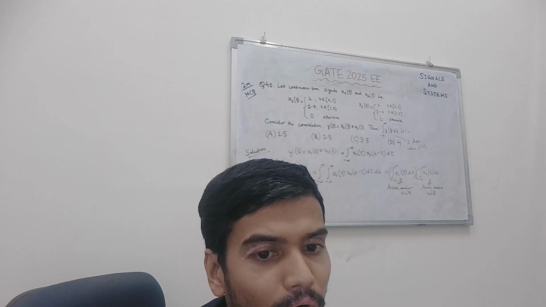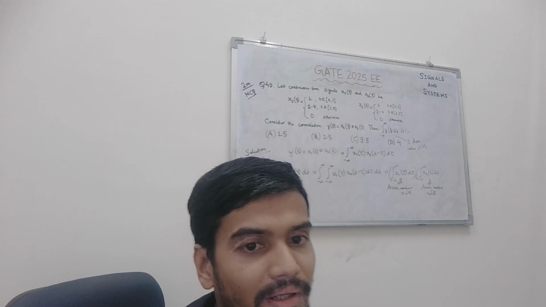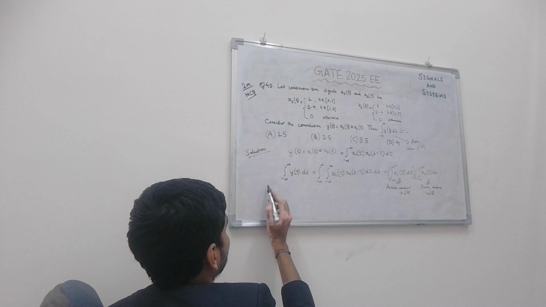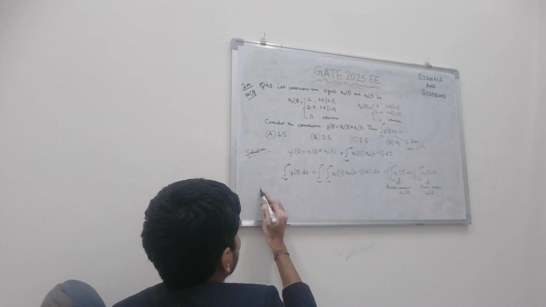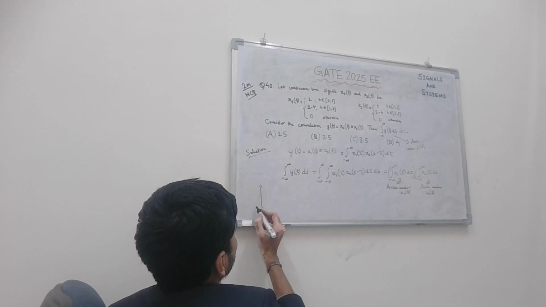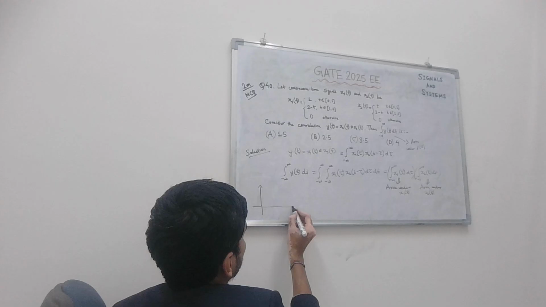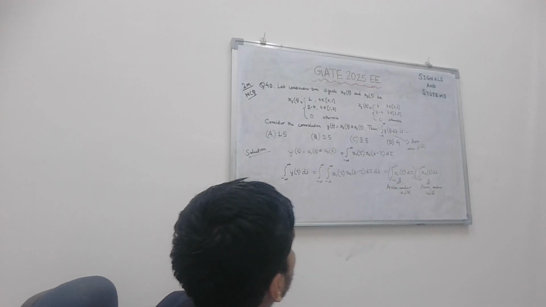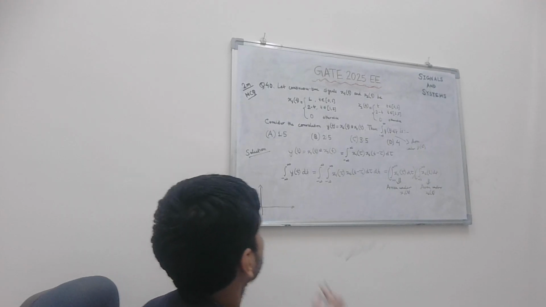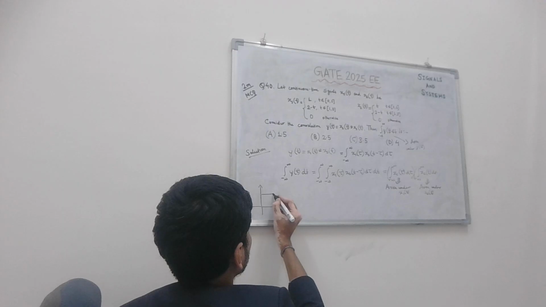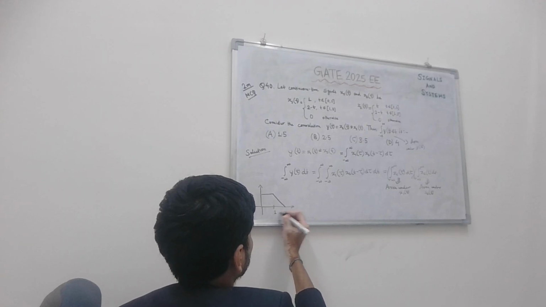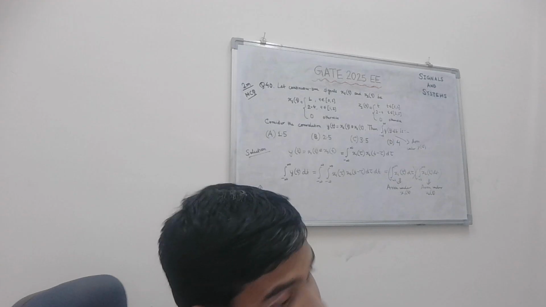So what we can do, we can plot basically x1(t) and x2(t) like this. This will be nothing but x1(t).